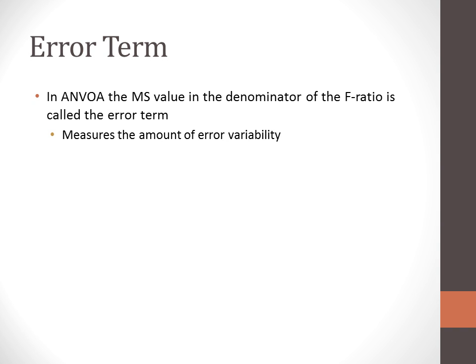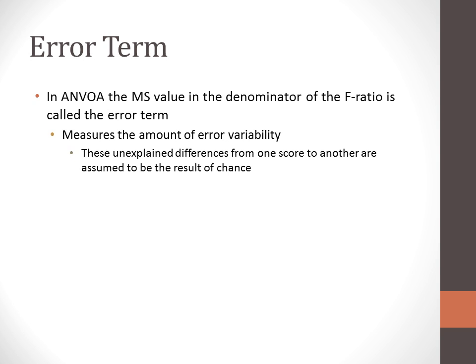This mean squared value is intended to measure the amount of error variability, that is, the variability in the data for which there is no systematic or predictable explanation. These unexplained differences from one score to another are assumed to be the result of chance.